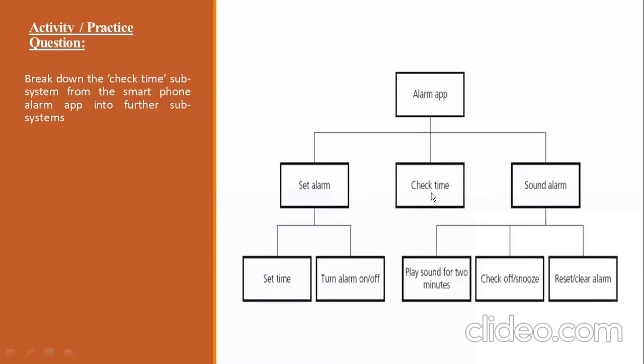One to take the time from your mobile system and then compare it with the set alarm time. So I have given you the underlying process of check time. Now I want you to complete this structure chart by breaking down this check time module into subsystems. Okay.